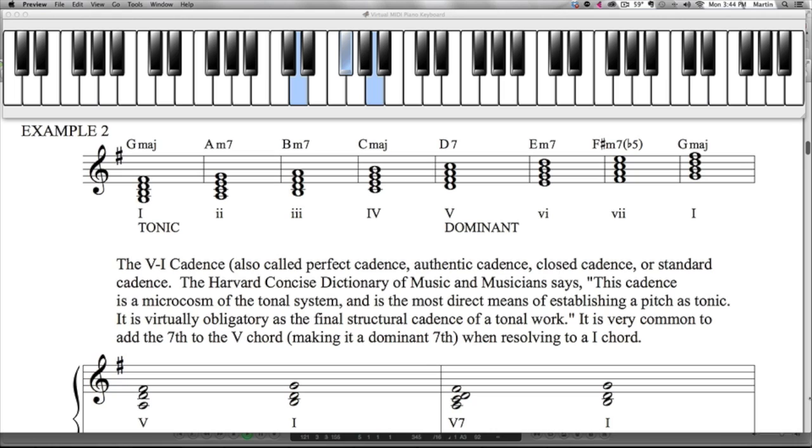So if you add that 7th chord, you get that dominant 7th sound. That's why when we had in the last lesson, when I flatted the 7th, it changed to that dominant 7th sound. All right, and so that's where we get that terminology from.